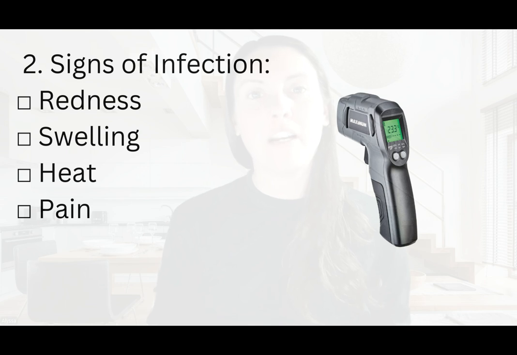And if there's heat in the area, most of the time we are having infection. So that's how we are assessing if there's possible infection. We're going to be going a little bit deeper into infection here in just a few moments to get a greater picture of what's going on with the wound.